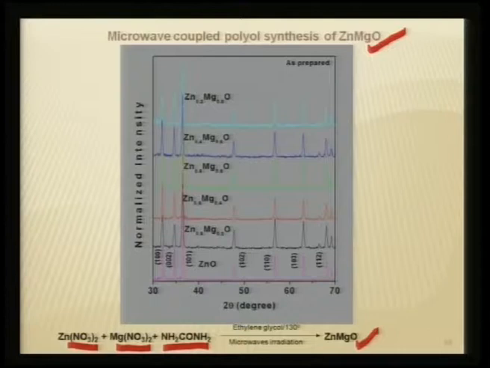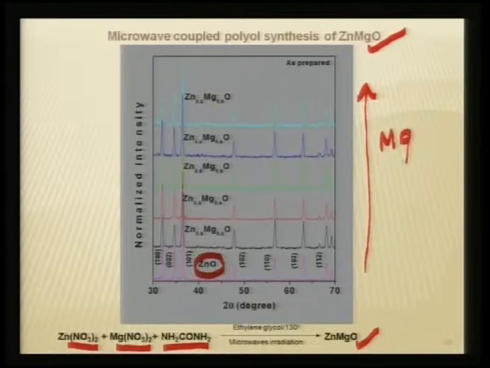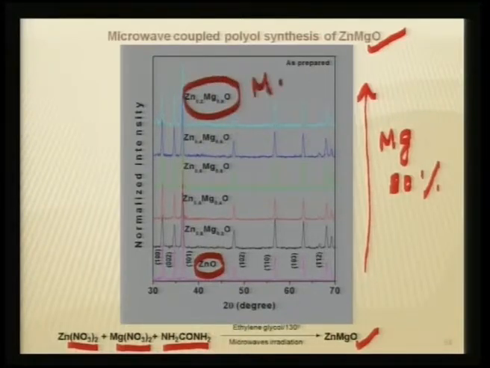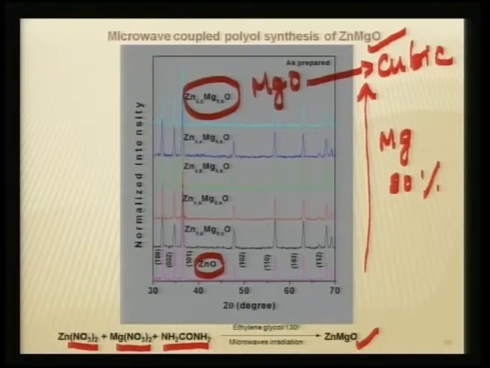Now what is heartening here is you look at the zinc oxide parent compound, and then you try to substitute up to magnesium doping of 80%. Up to 80% of magnesium doping, you would see that zinc oxide is clearly showing the hexagonal pattern. What is important for us to note here, for this concentration there is no signature of any MgO coming, and MgO, which is also cubic, should actually have come out of this phase.